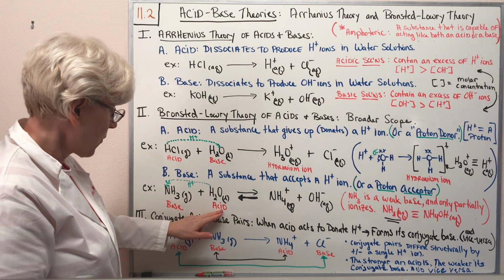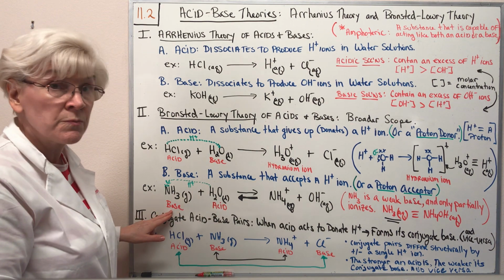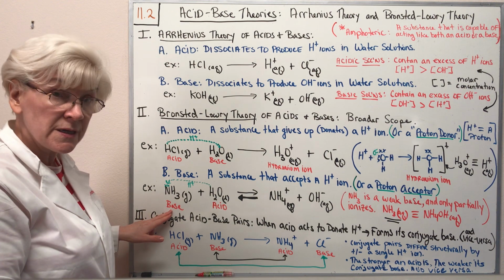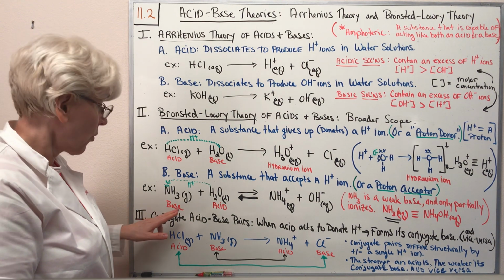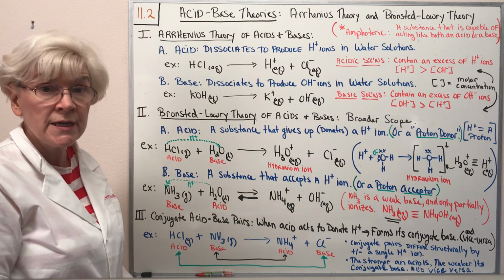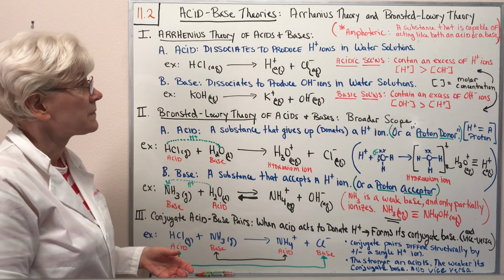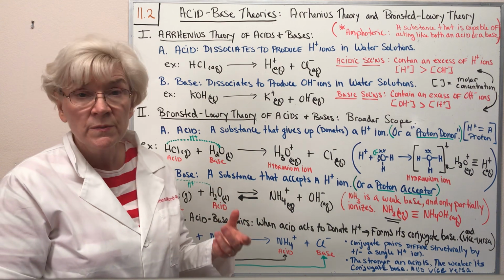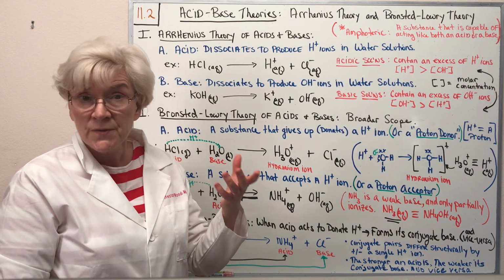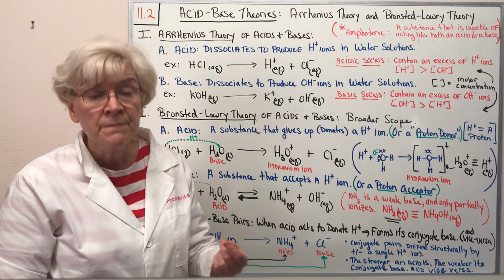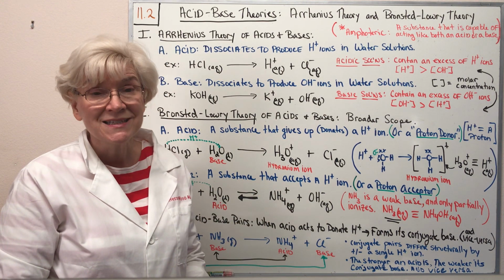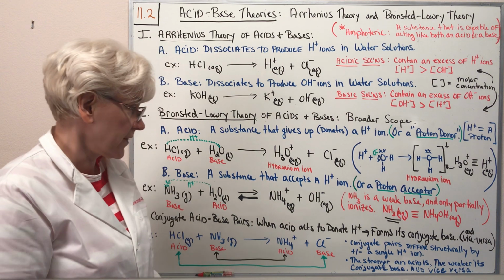But if you mix water with a substance that is more basic than it is, that wants to accept a hydrogen ion more than it does, water can act like an acid. Right? So amphoteric, a substance that is capable of acting like both an acid and a base. Depending on what it is in the presence of, it will act as either one or the other.